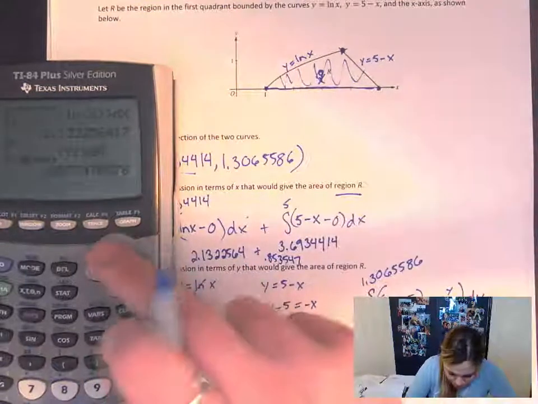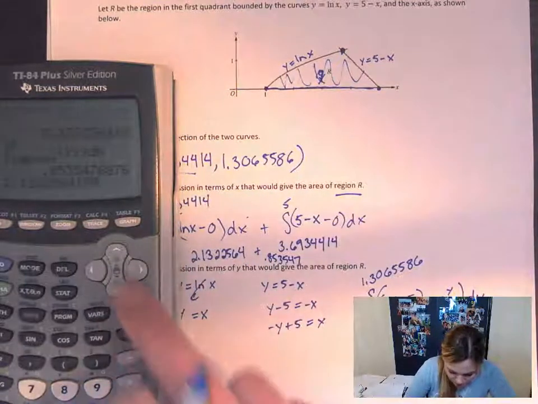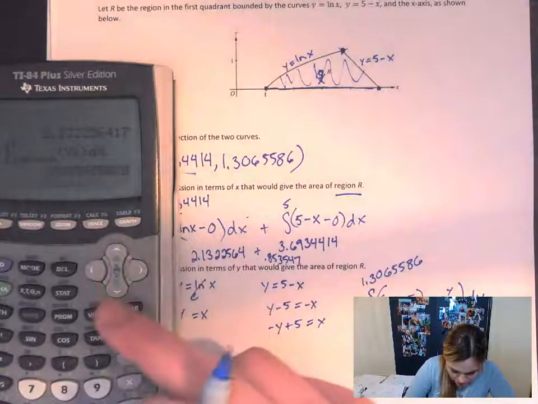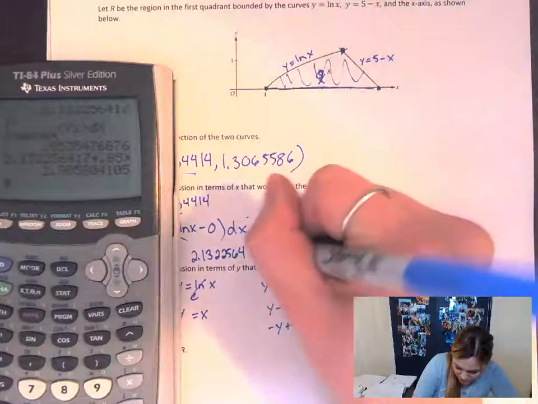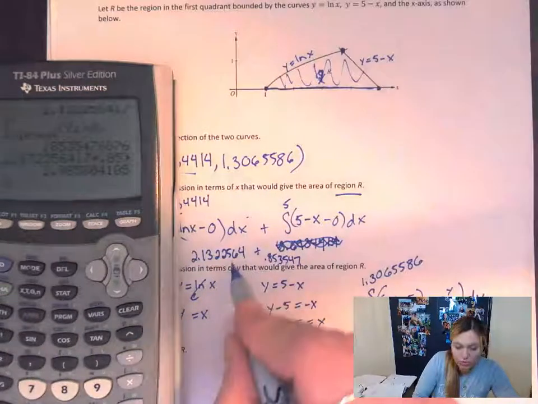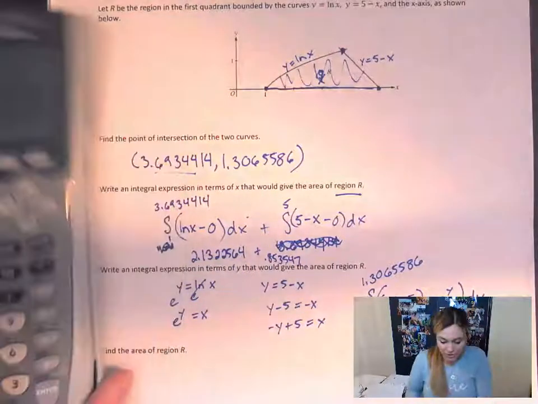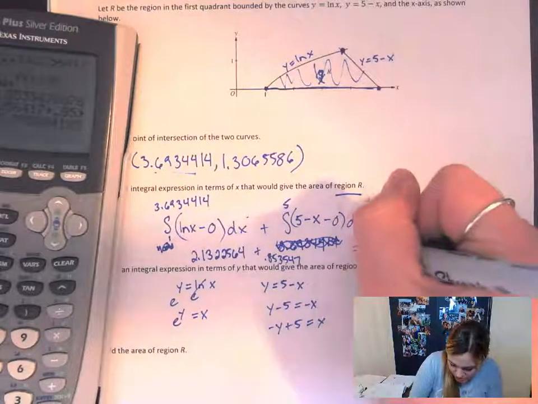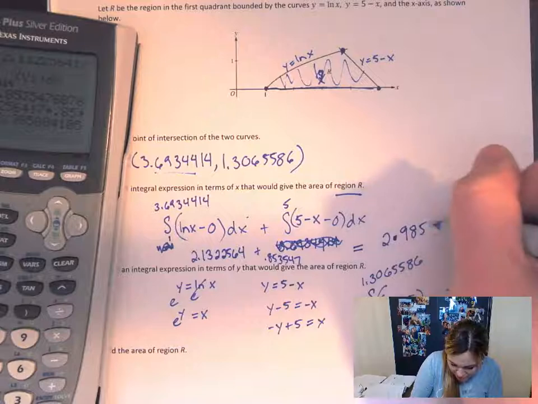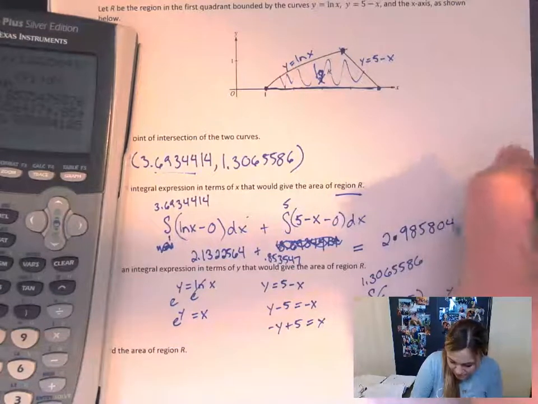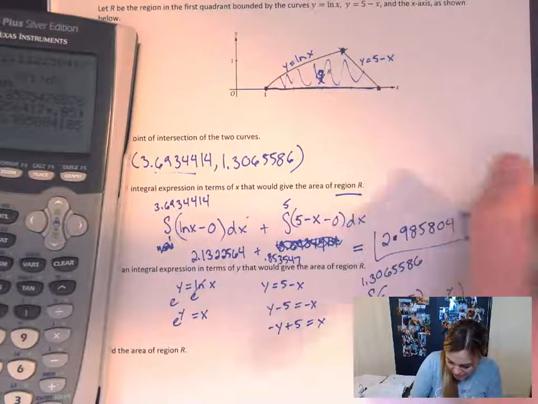That gives .853547. Oh, there it is. I just got this answer wrong before. What am I doing with my life? Whew! Did it. Okay, so this one should be 2.985804, which is the same thing.